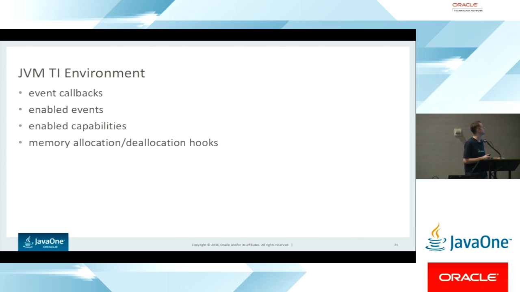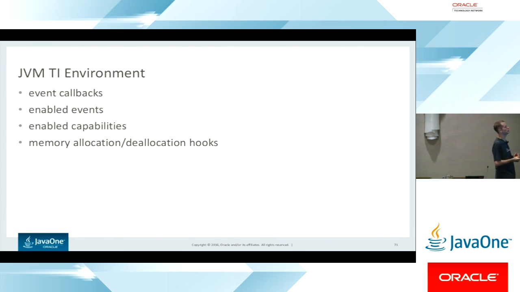So that's JNI, and that's what the JNI environment is: a pointer you always hopefully have access to that can get you everything else. And similarly, JVMTI also has an environment that takes the form of a pointer that you get handed, and that environment represents the event callbacks, like what you want to do when a certain event happens. You express that by registering a callback.